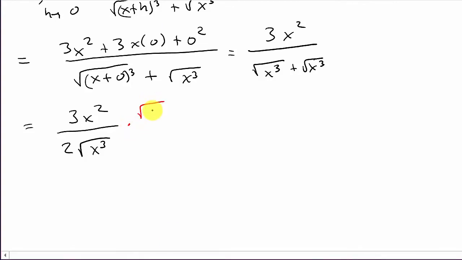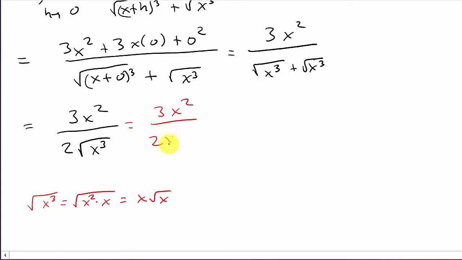We know that the square root of x cubed is the square root of x squared times x, which is x square root of x. So let's rewrite this as 3x squared over 2x square root of x, and then we rationalize the denominator.